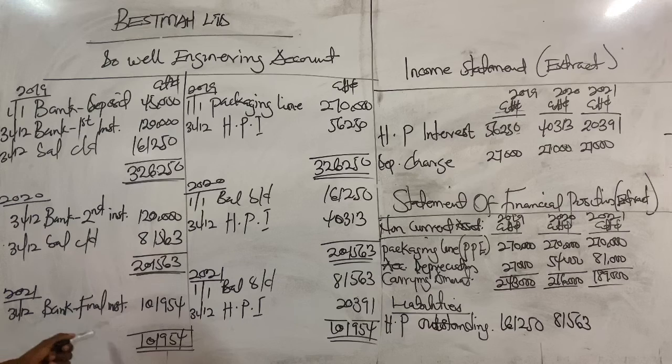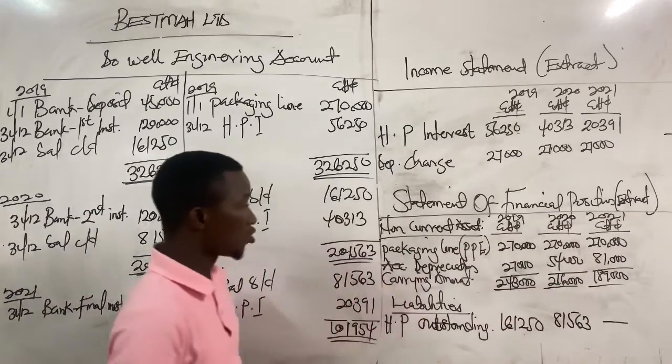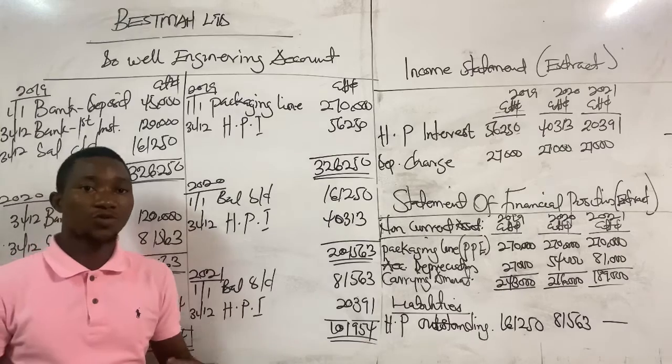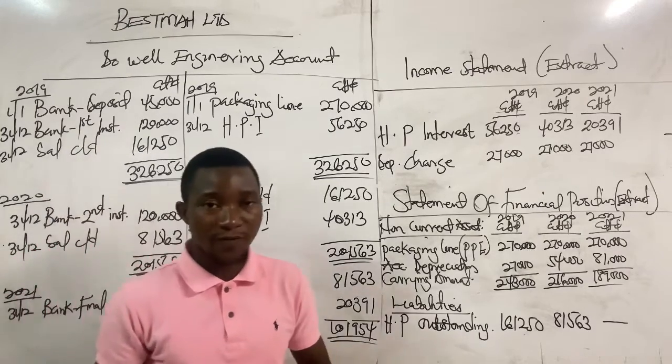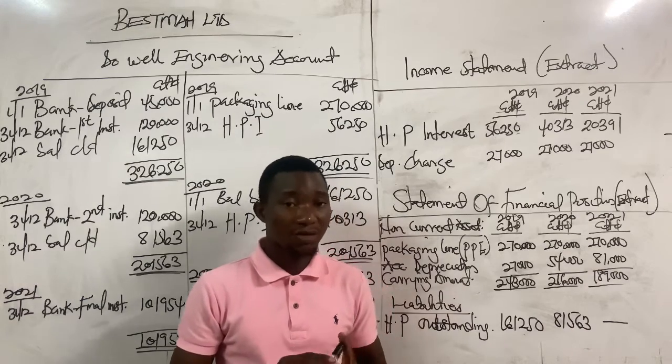Therefore, in 2021 there is no balance, so there will be a dash over here. Is that okay? So basically, this is how we account for transactions in the books of the hire purchaser. So this is the accounting arrangement.